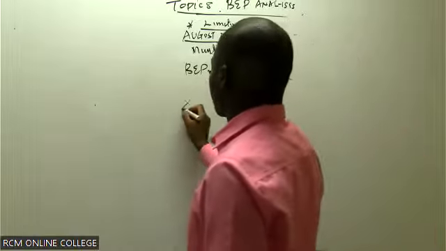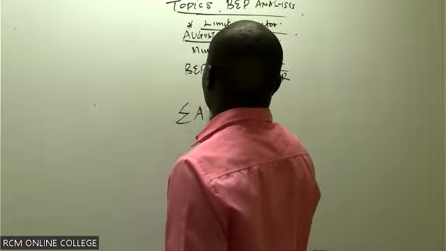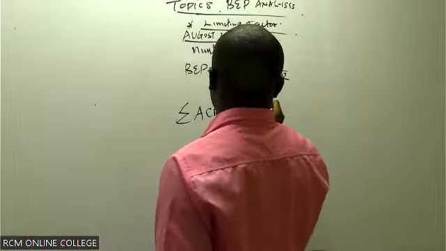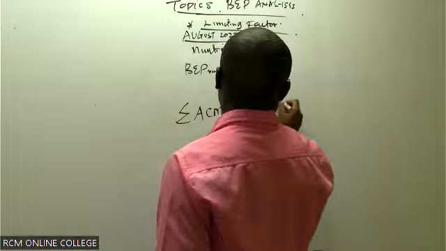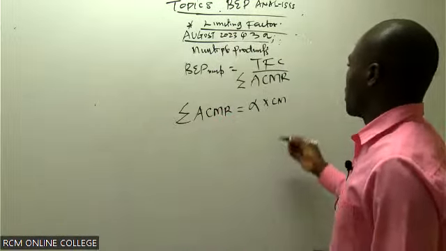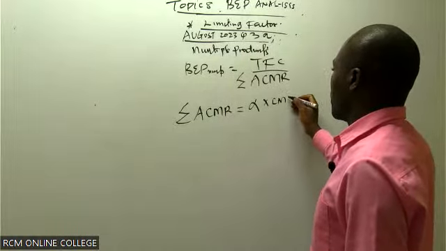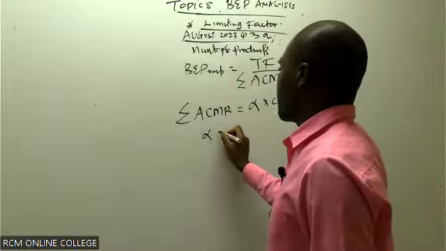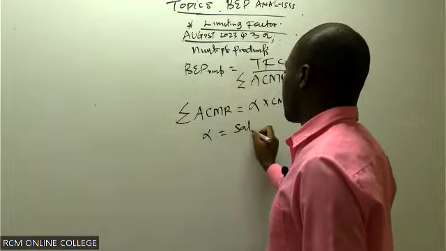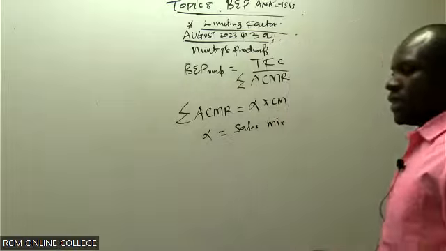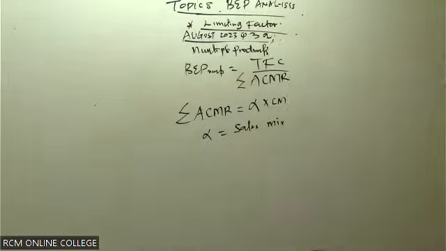The summation of the average contribution margin ratio is basically equivalent to alpha times contribution margin. Now, this alpha is basically the sales mix in units.